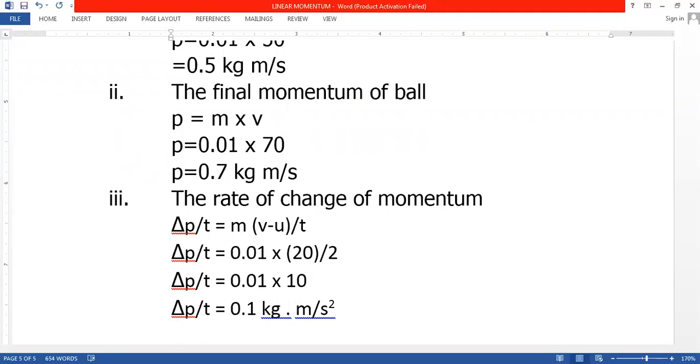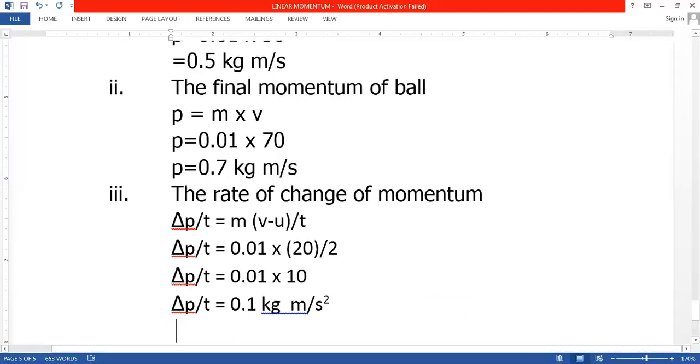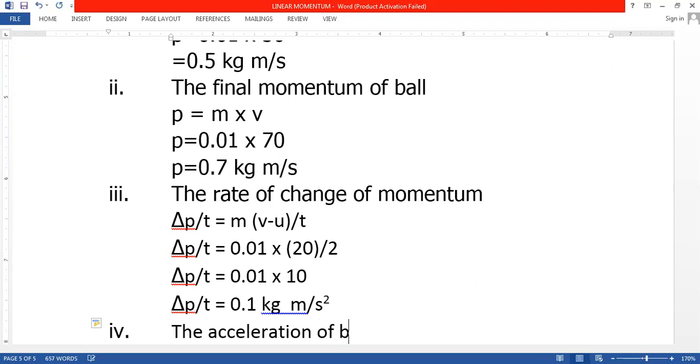Done. How much is the rate of change of momentum? 0.1 kg meter per second square. Now we will find out the next one. Write down the next one: the acceleration of the ball.